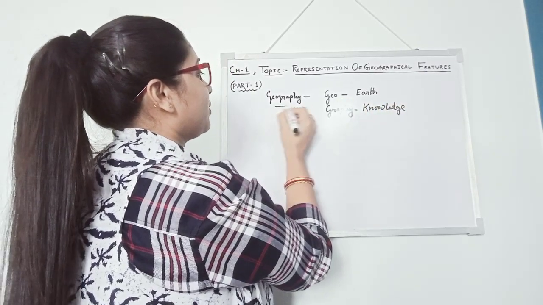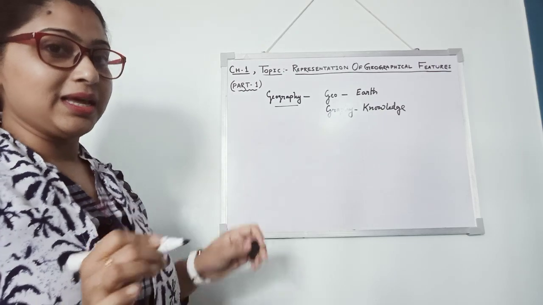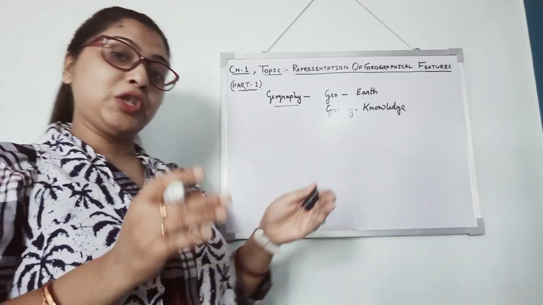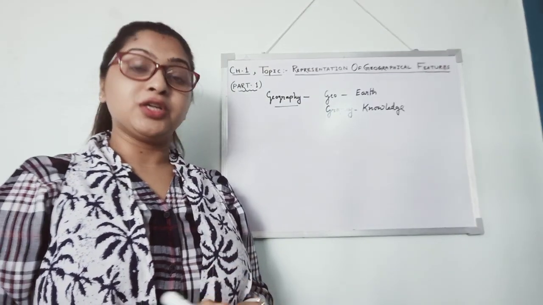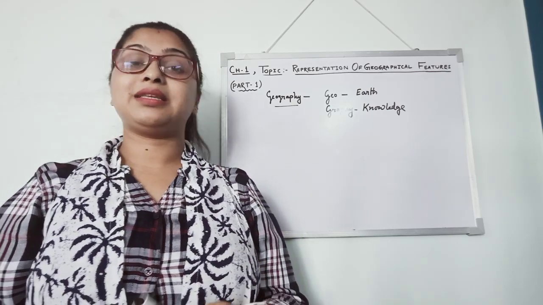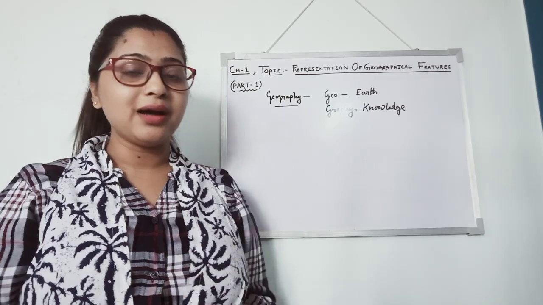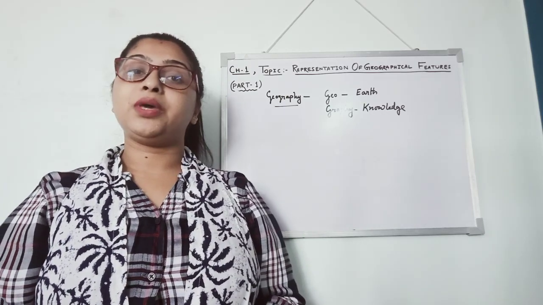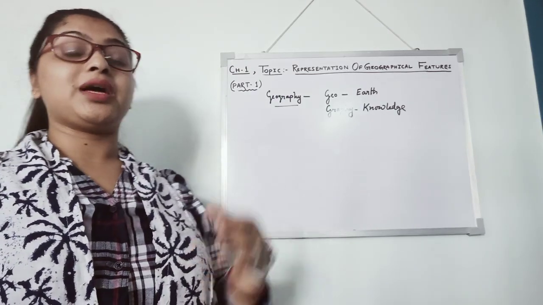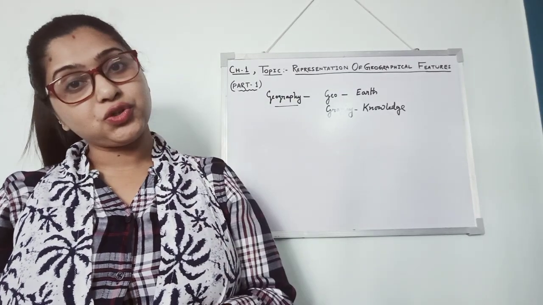So what are you getting to understand? Here geography means knowledge about earth. Whatever we see in this earth, in this world, all are the different features of this earth. These different features are man-made and natural.